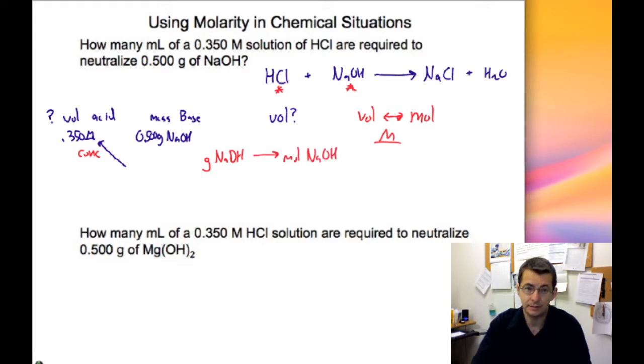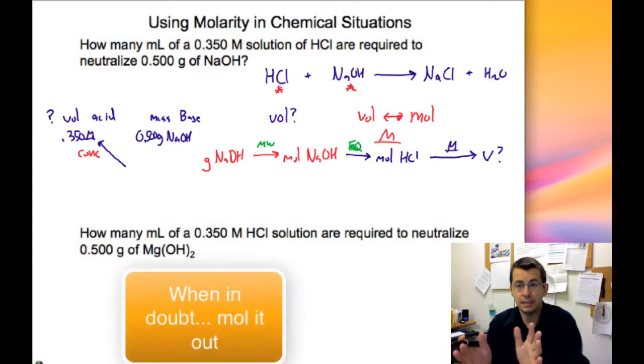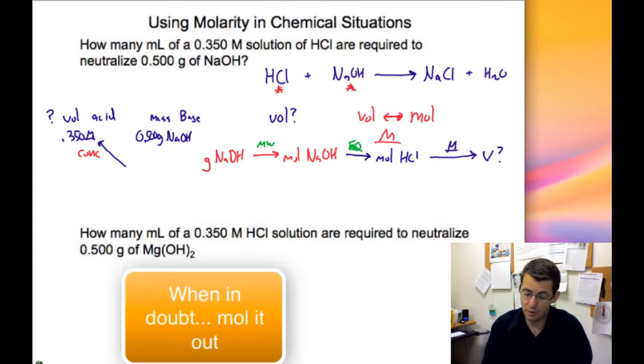Well, that's easy, that's a molecular weight. And then from moles of sodium hydroxide, we'd convert that into moles of HCl. Again, that would be our mole-to-mole relationship from the equation. And lastly, for moles of HCl, we would use the molarity to predict the volume. Get things into moles where possible.